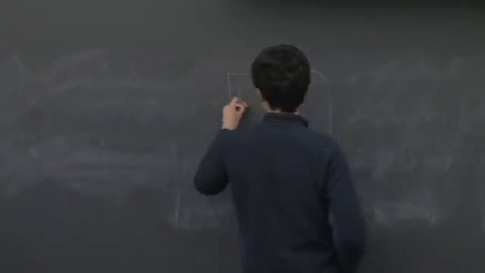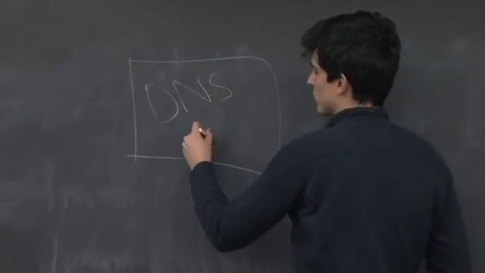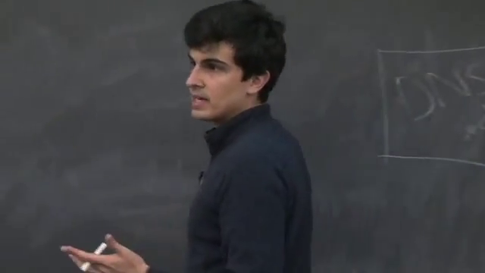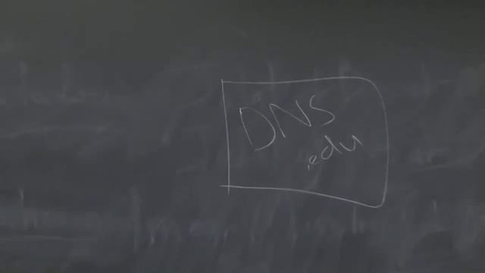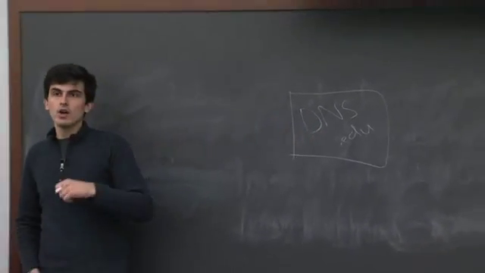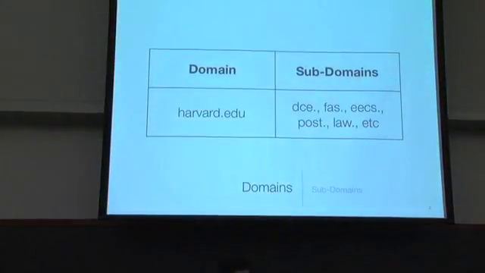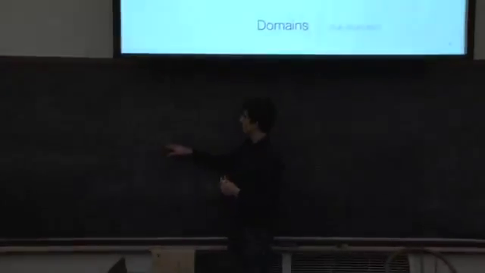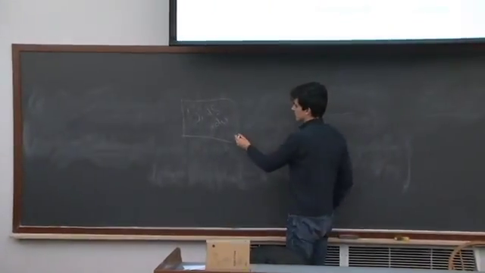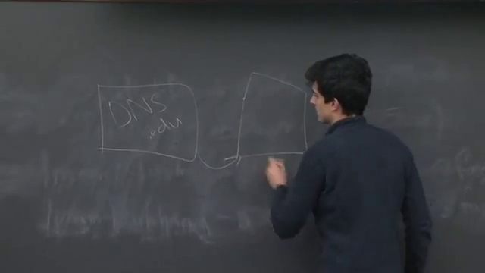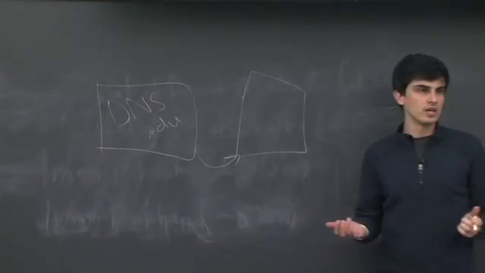So there might be a DNS server associated with, for example, .edu. The very first thing that the domain name server would do is contact this server and say, okay, I know that I have a top level domain in .edu, and what I want to know is what is harvard.edu. And this then might respond with the IP address of another DNS server that's a little bit more specific. And in this case, it might actually be Harvard's DNS server.